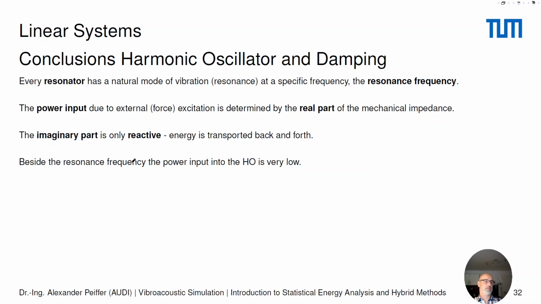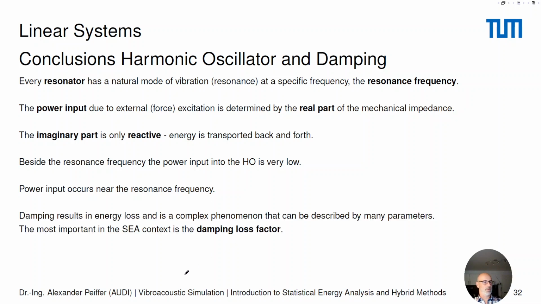Besides the resonance frequency, the power input is quite low because we just have the reactive part then. So that means we have to excite near the resonance to introduce energy into our harmonic oscillator, which, you know from bridges, could lead to a resonance catastrophe. Again, power input occurs near the resonance frequency.